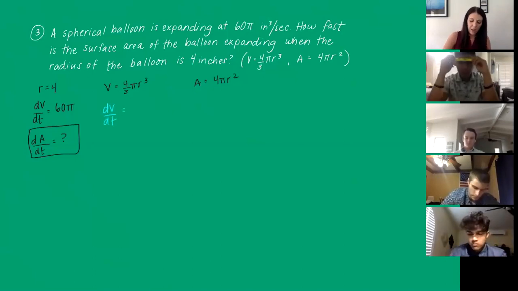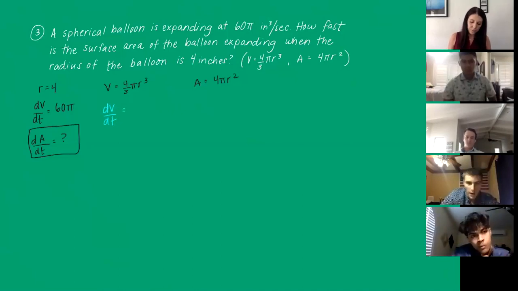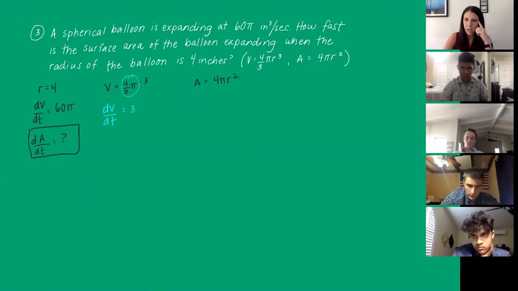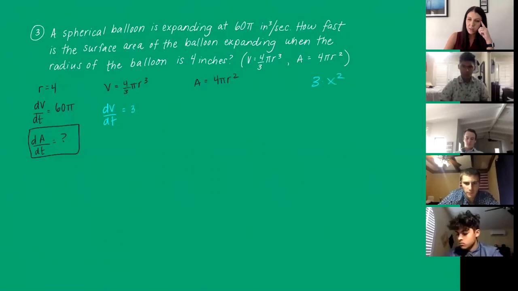Okay. And then when you took the derivative of the next thing, what'd you get, JJ? I got 3r squared times dV all over dt. Okay, so what happened to your pi? I saw it as a constant, so I took it out. Okay, so remember, if I have a constant like 3 times x squared, that constant doesn't just go away.